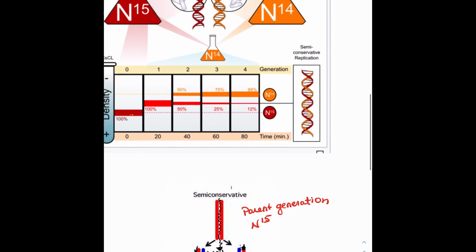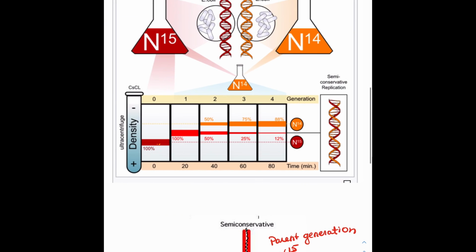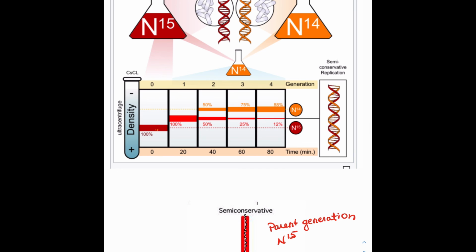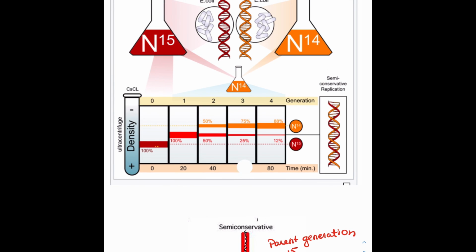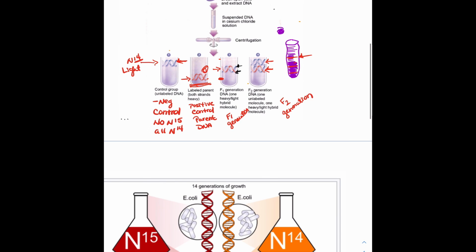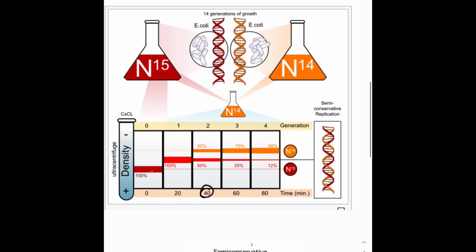And I don't think we have the F3 in the tube, but what we do have is, you can see that if I look here, this would be my F3 generation, where instead of having 50-50, where half of my DNA is the N14 and the other half is the N15 for my F2 generation, which is what we have right here after 40 minutes, I am now having 3/4 of my DNA this N14 not heavy, and only 25% is this hybrid of N14, N15.